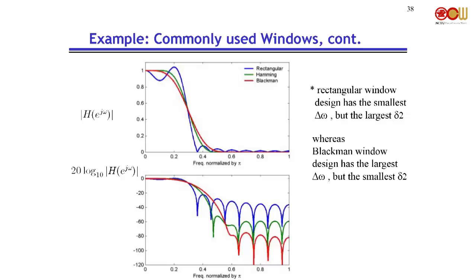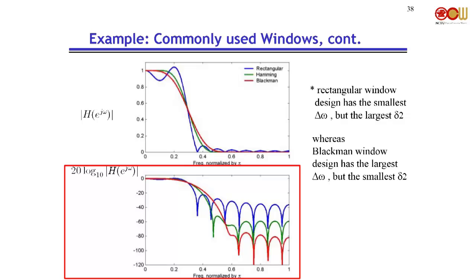So now the problem that we have is here. If we have a different window shape in the time domain, then we will get a different main lobe and side lobe. And it's really a trade-off, right? When we have the best transition, then the stop band is not so good. And if we have the best stop band, then we have the widest transition.